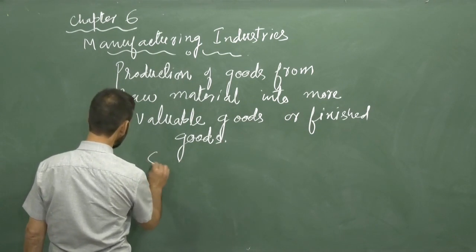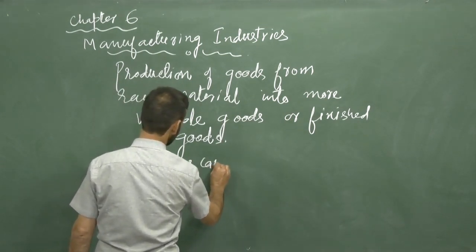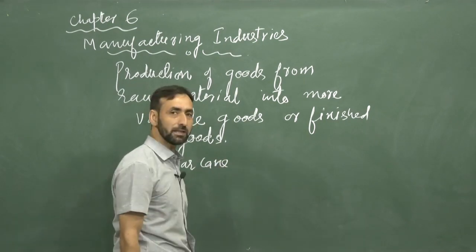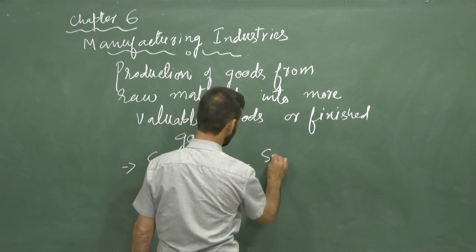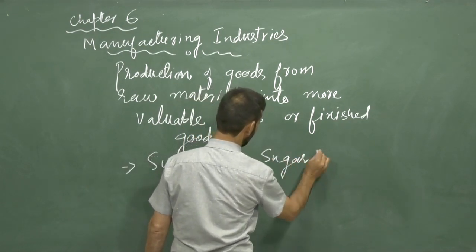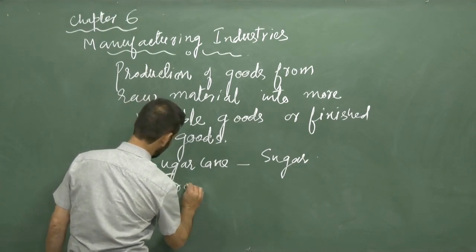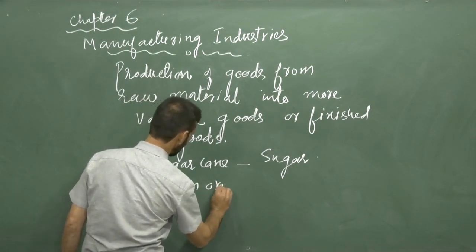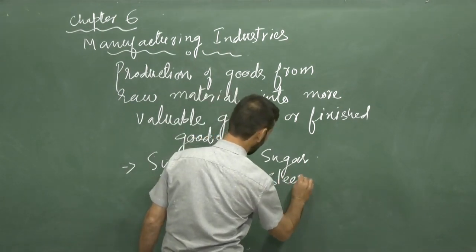Likewise, sugarcane is a raw material from which we obtain sugar. Iron ore, from which we manufacture steel.